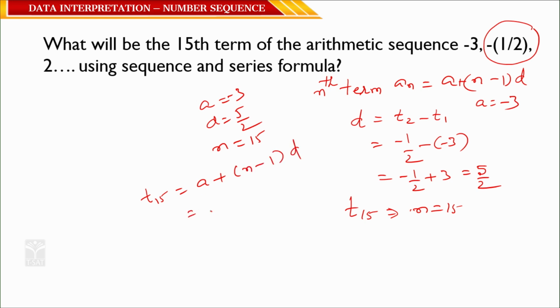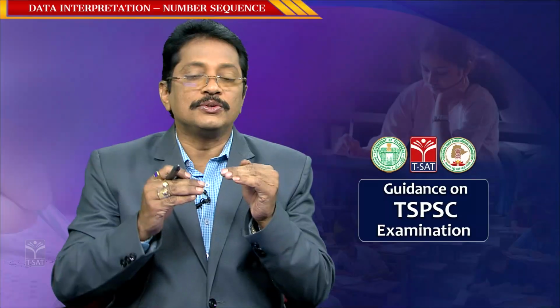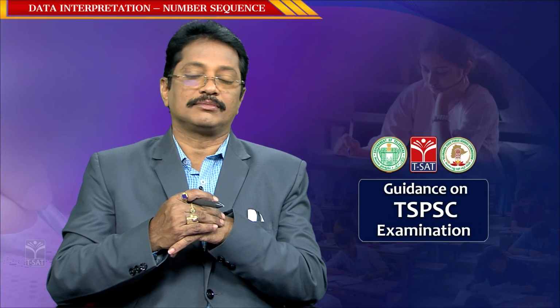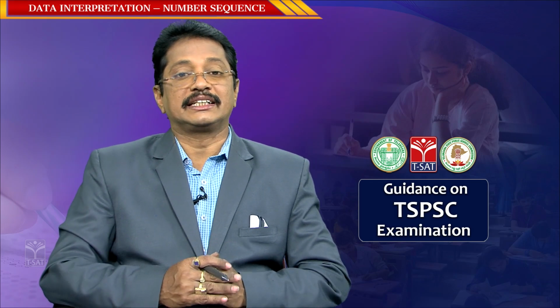Now we substitute the values: -3 + (15 - 1) times 5/2, that is -3 + 14 times 5/2. 2 ones are 2, 2 sevens are 14, so -3 + 35, and 35 - 3 is 32. So, the answer is 32. See, when you know the formula, you can find the answer in a very simple manner, clear. So, this is very important.